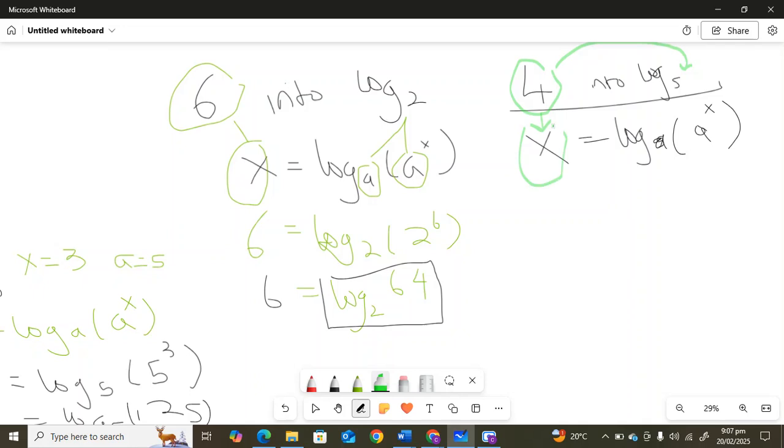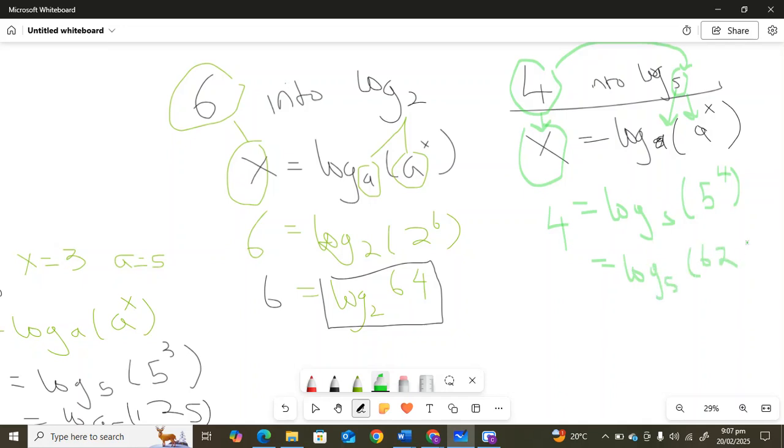x equals 4, a equals 5. So it's going to be 4 equals log 5, 5 to the power 4. And 5 to the power 4 is 625.